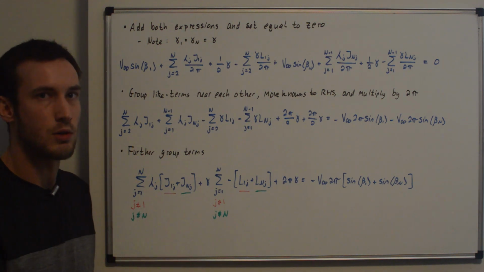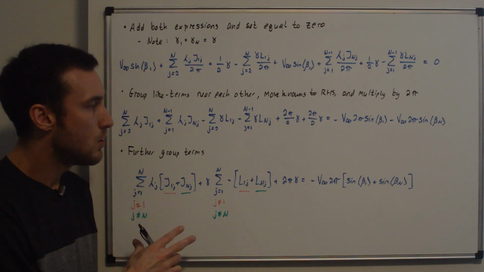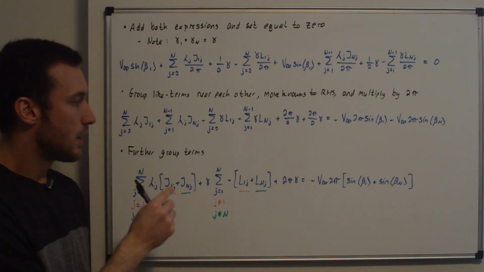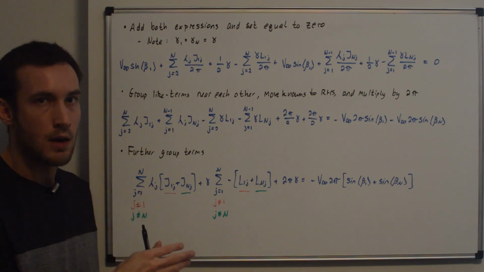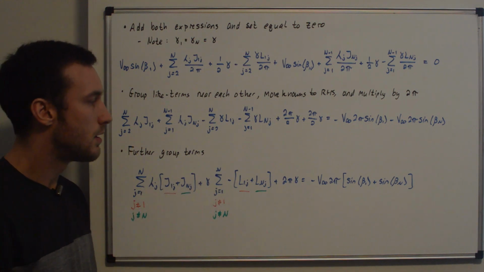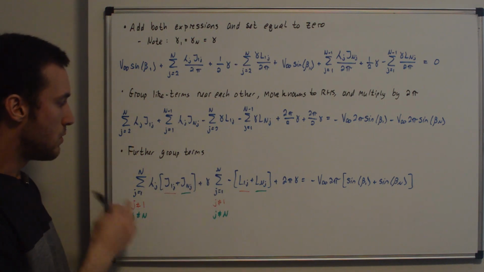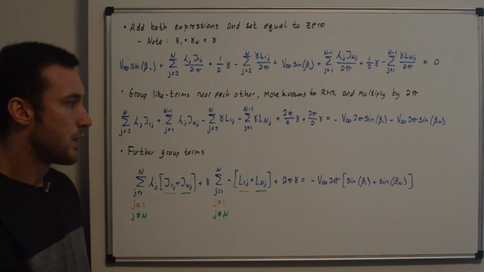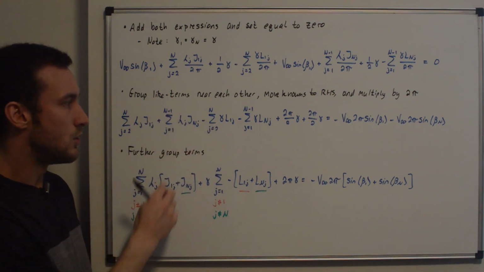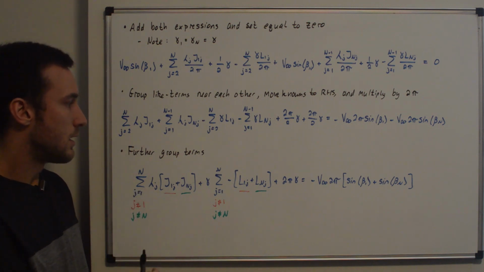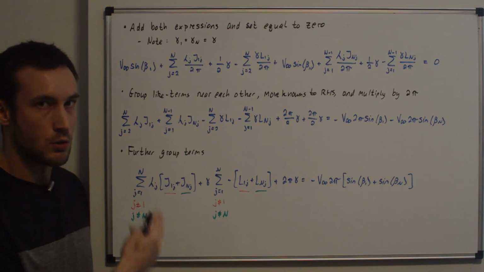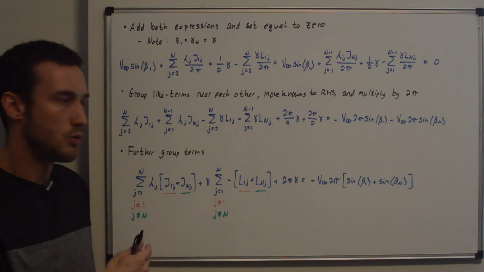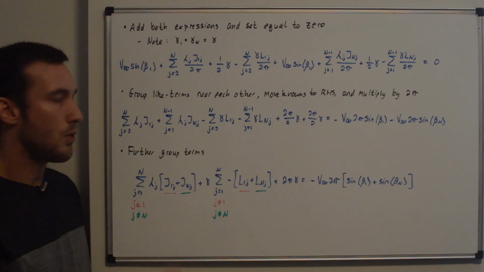This is only to keep things straight on the whiteboard, but in code, the way you can take care of this is to just set the on-diagonals for both the J and the L matrix as zeros. That way you can sum from j equals 1 to j equals n and not have to worry about which indices you're excluding, because they're automatically 0 when j is equal to 1 or j is equal to n.